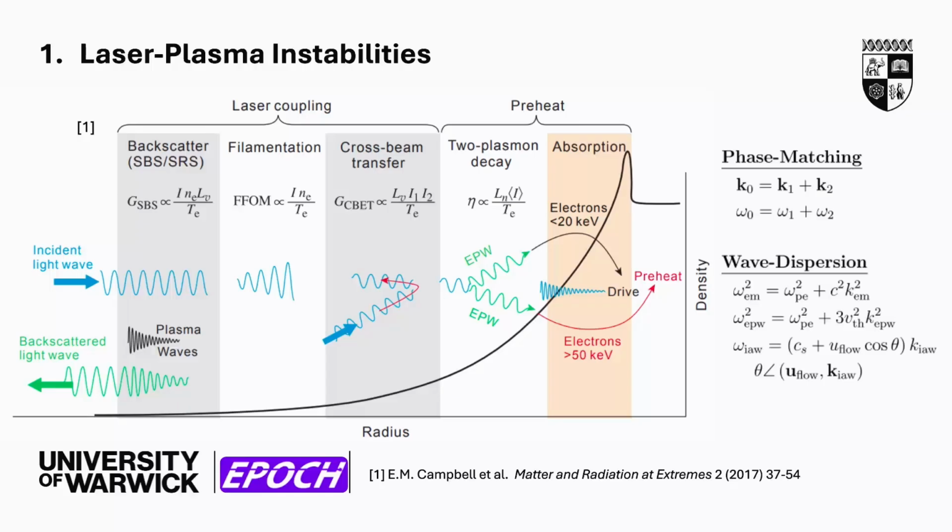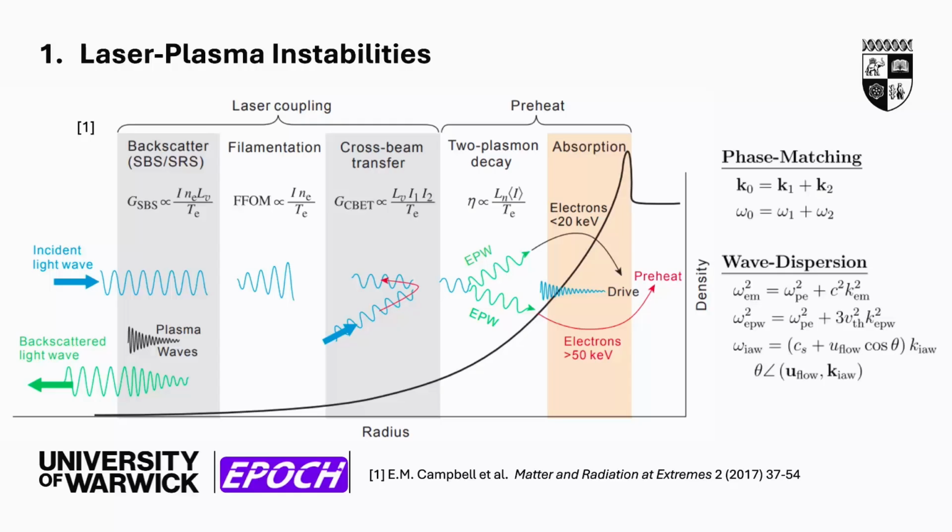When you fire at it, you create a plasma with an inhomogeneous density profile that ramps up exponentially. There are key parts of the density ramp where several instabilities can grow, and they're all problematic.